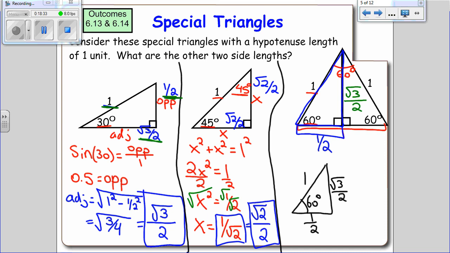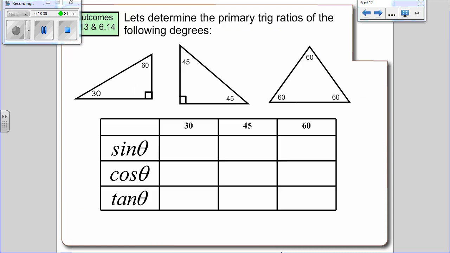Alright, how these special triangles help us out is we can look at our primary trig ratios. Remember, our primary trig ratios are sine, cos, and tan. You want to know opposite over hypotenuse. You want to know adjacent divided by hypotenuse.